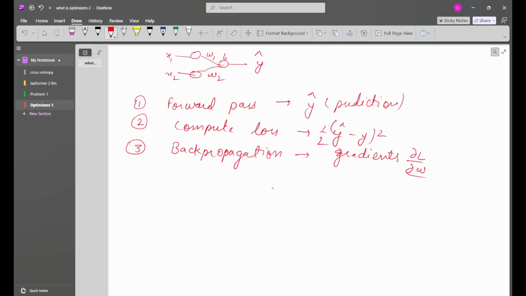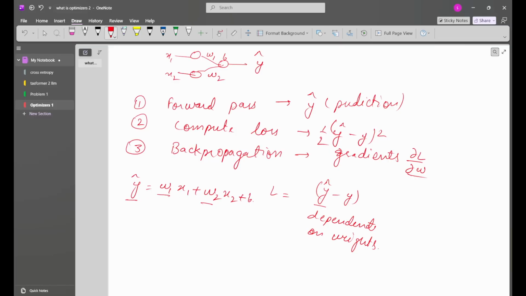We compute loss, and this y cap is dependent on weights. You know the y cap equation: w1 x1 plus w2 x2 plus bias. So y cap depends on weights w1 and w2.